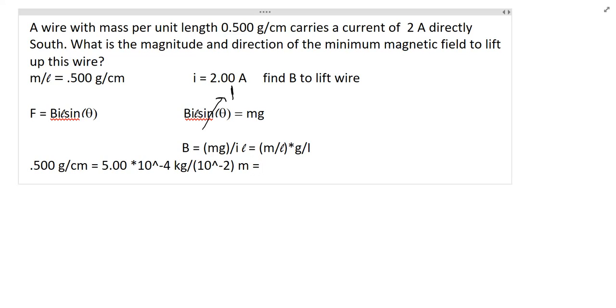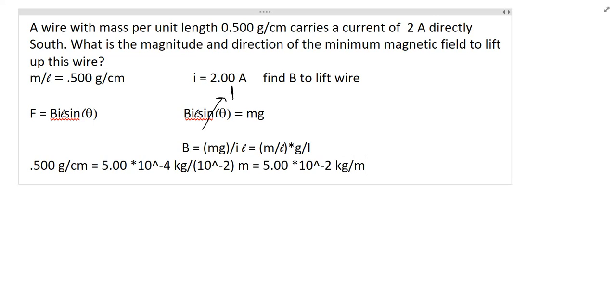The 10 to the minus 2 in the denominator cancels 2 of the 10 to the minus 4. So that's going to leave us with 5.00 times 10 to the minus 2 kilograms per meter.